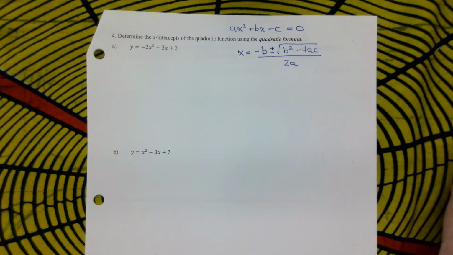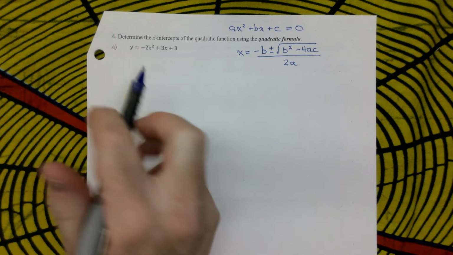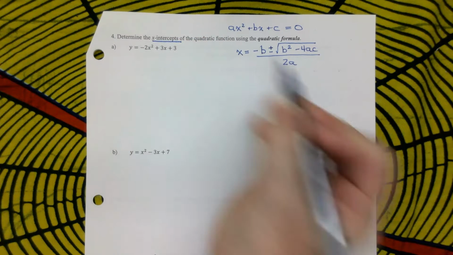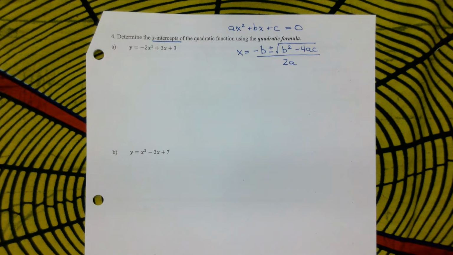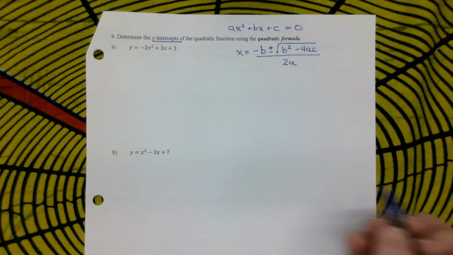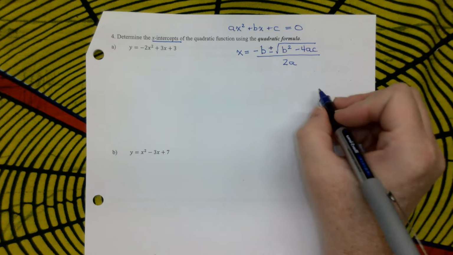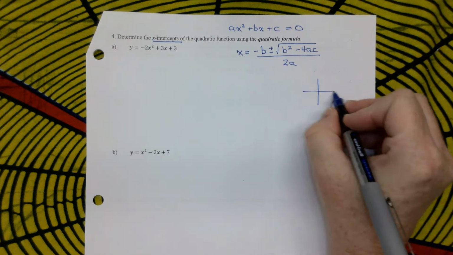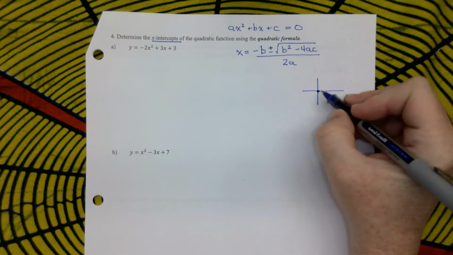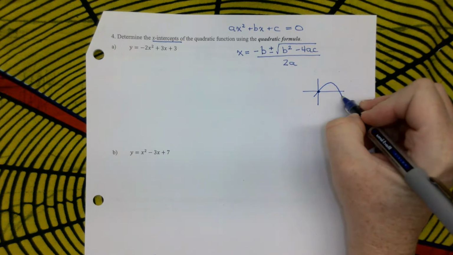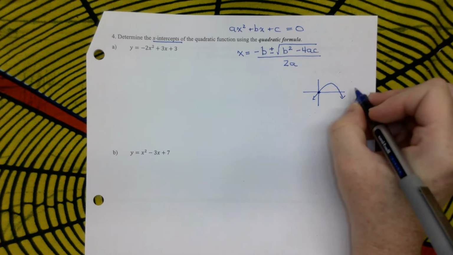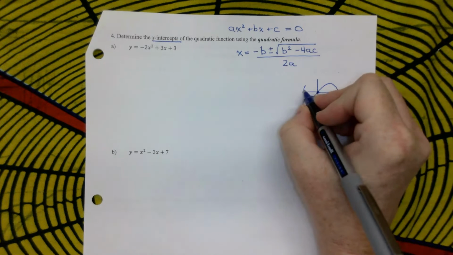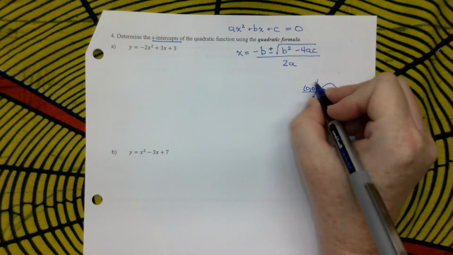So our first question here is we want to determine the x-intercepts of a quadratic function using the quadratic formula. And the reason that we can use the quadratic formula is because if you have a parabola, or anything really, and it passes through the x-axis, then this point here would be, say, (0, 0), so our y is 0.